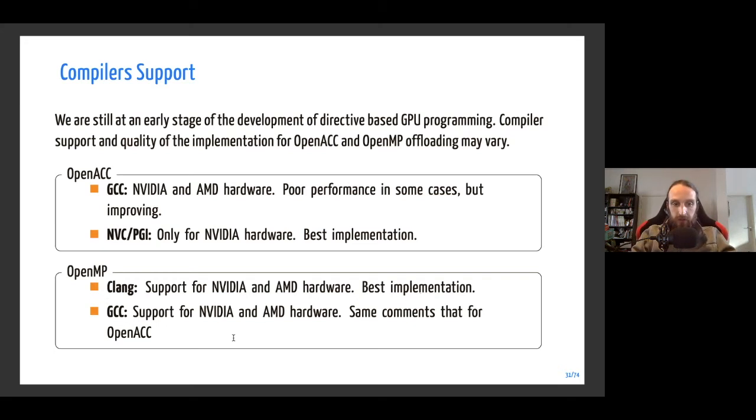In the case of GCC, it also supports NVIDIA and AMD hardware, and GCC can target AMD hardware basically using the code generation of LLVM, exactly the same as Clang. And this is the same comment as for OpenACC: this is an early stage, and in some cases you may experience poor performance using GCC at the moment. So Clang is probably the best option if you wish to use OpenMP and offloading to GPU.